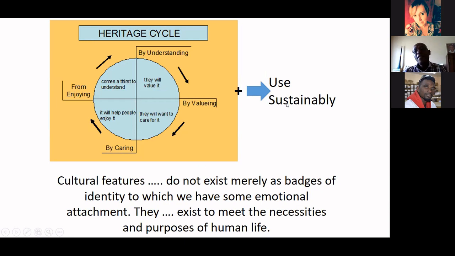Now, the fact that heritage resources have to contribute to development comes from the realization that heritage is not something that should just be enjoyed and probably help us define who we are, to give us an identity, or for us to have an emotional attachment, but also exists to meet the necessities and purposes of human life.